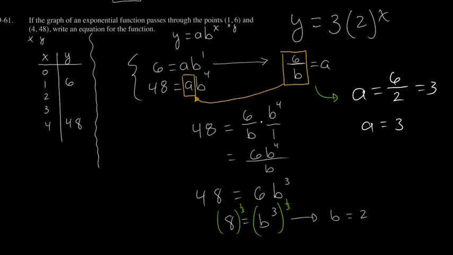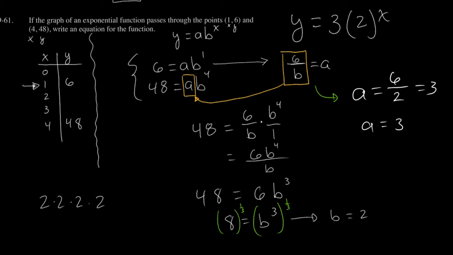And sure enough, if I check this out, when I put 1 into that function, 2 to the first is 2, and 3 times 2 is 6. If I put a 4 in there, 2 to the 4th power: 2 times 2 is 4, times 2 is 8, times 2 is 16.